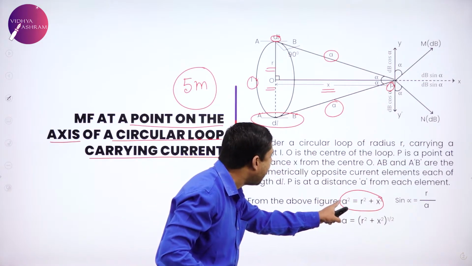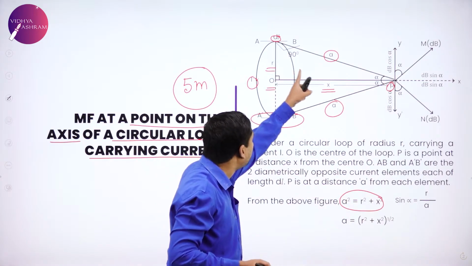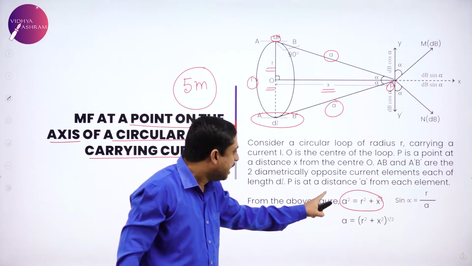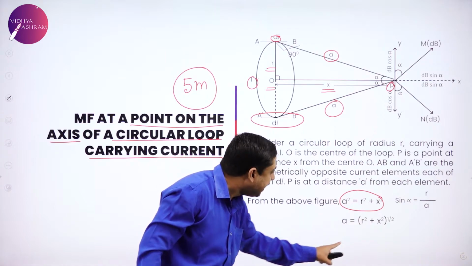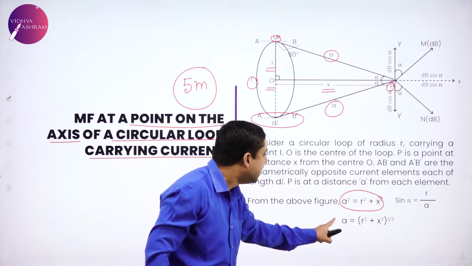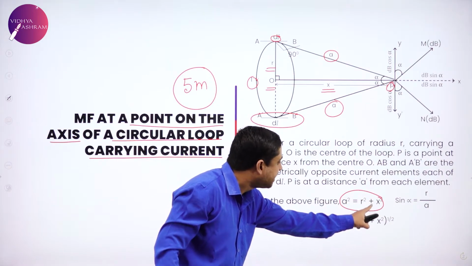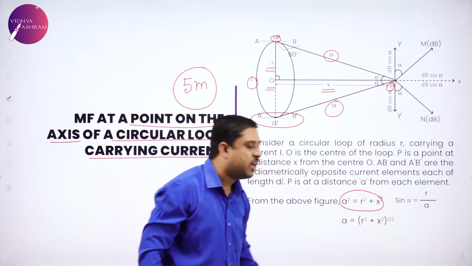A square is R square plus X square. Now, writing it in indices form, A equals (R square plus X square) to the power half.